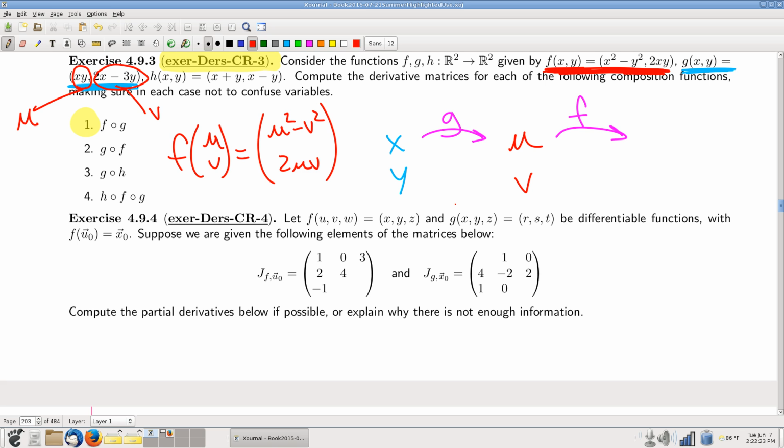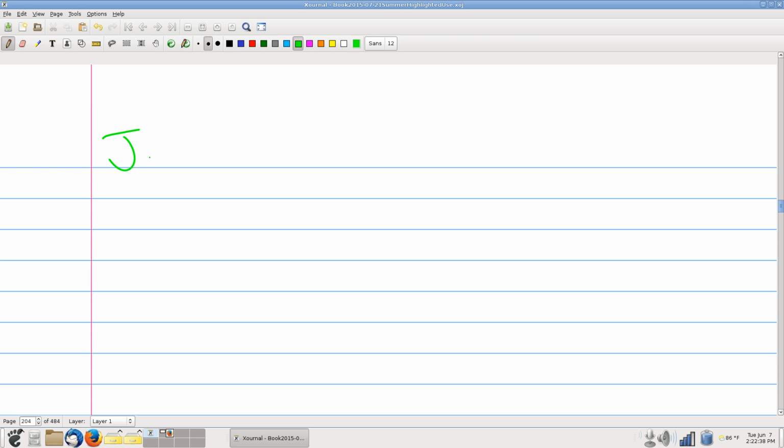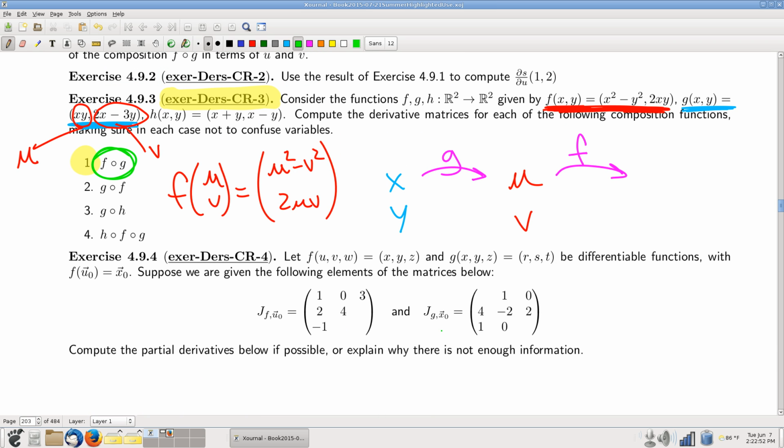All right, compute derivative matrices for the following compositions. So at this point it becomes a Jacobian problem. We're looking for the composition here of F composed G. So that's going to be the Jacobian of F times the Jacobian of G. And now let's start taking derivatives. Well, let's at least write down the partials. Let's start with the Jacobian of F. And don't forget what F is.